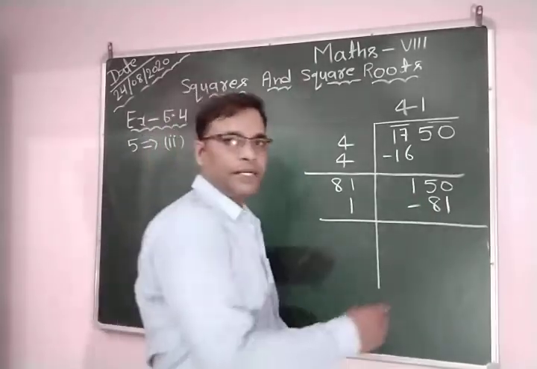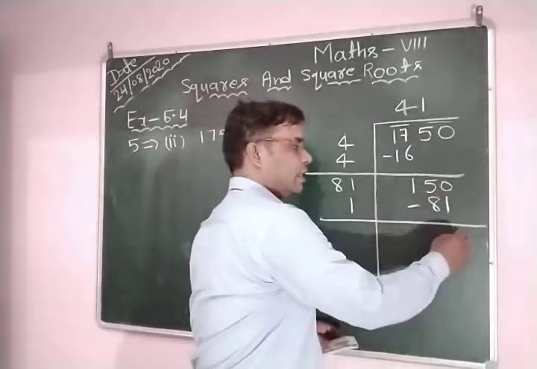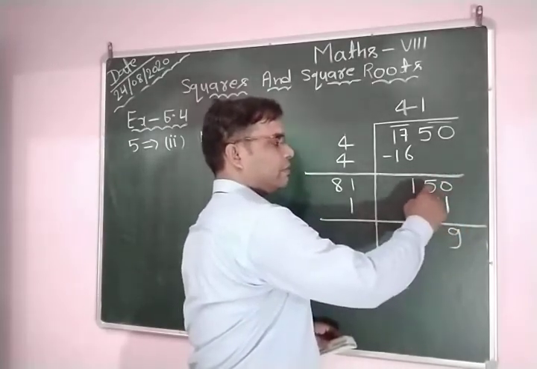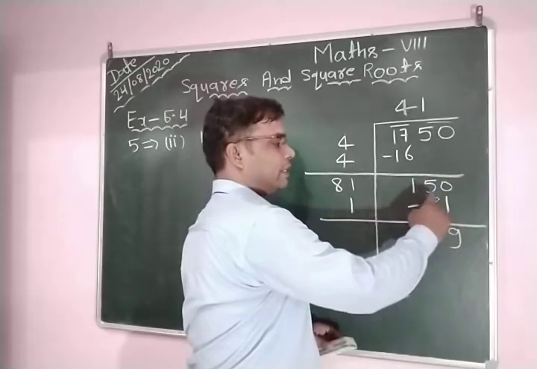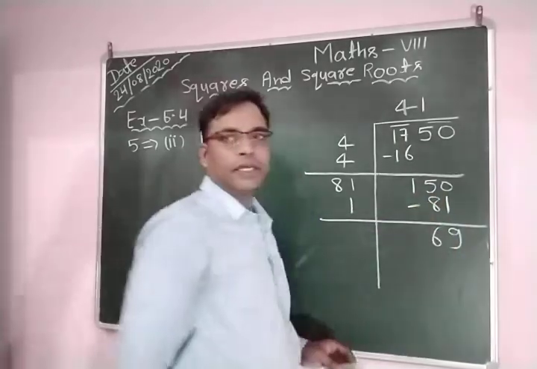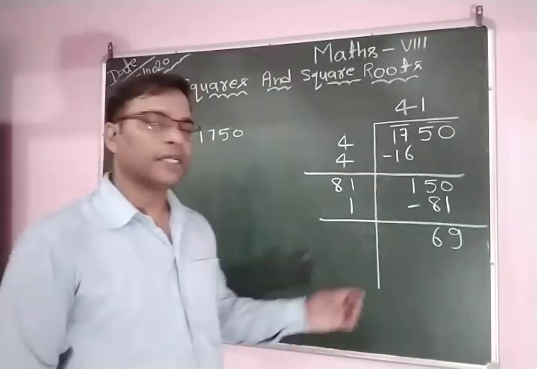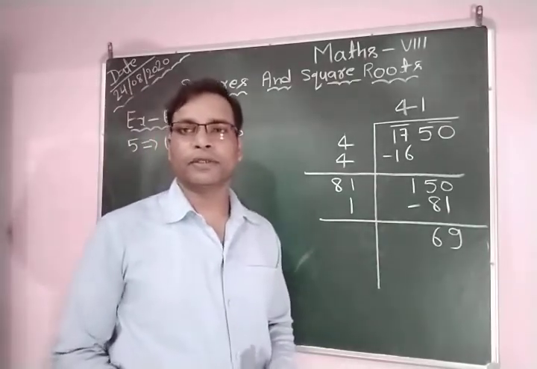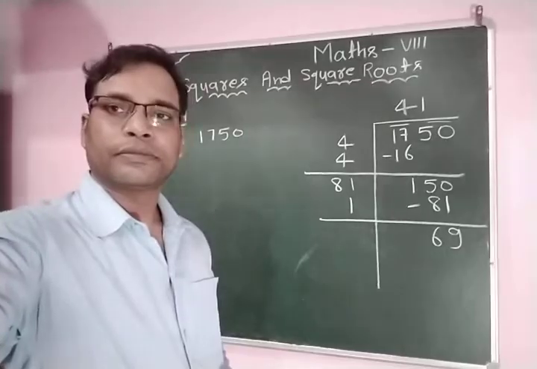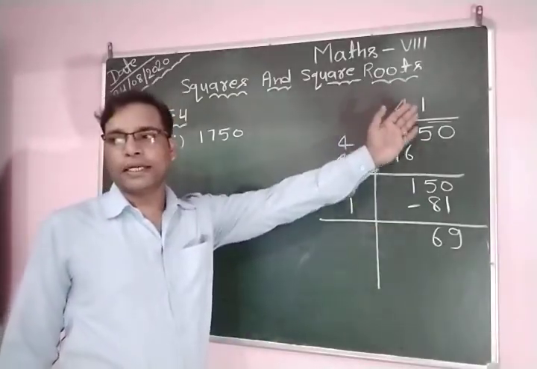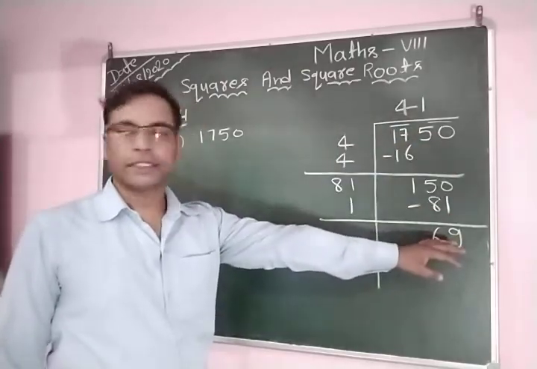So we find 9 here, and here we obtain 6. Okay. So 69 is our remainder. So here you can see quotient is 41 and remainder is 69.